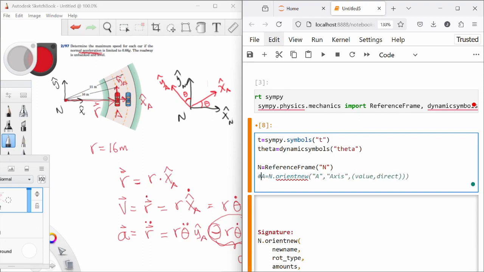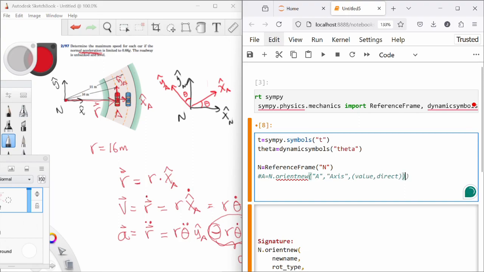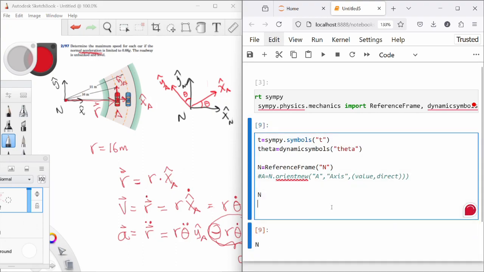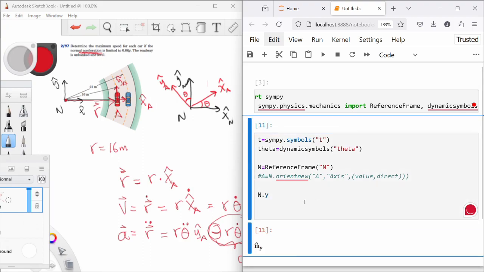So before we dive into these two variables and define them, I will explain how to obtain directions or axes of your frames. If you have your frame N, you can access the x-axis by doing nx, and the y-axis by doing ny as methods.